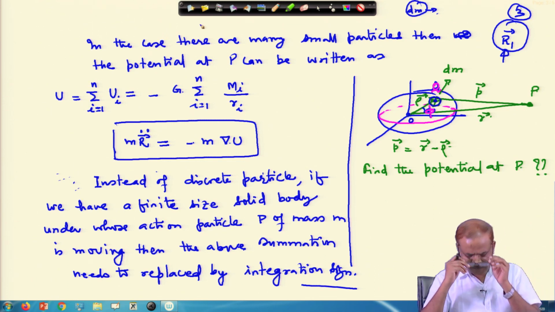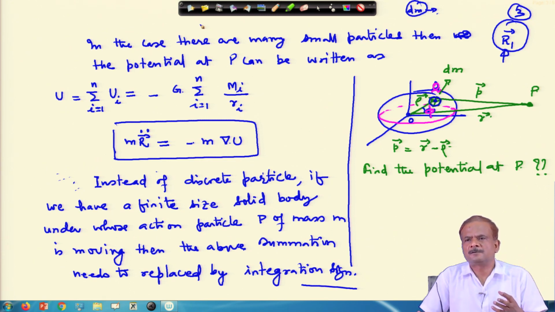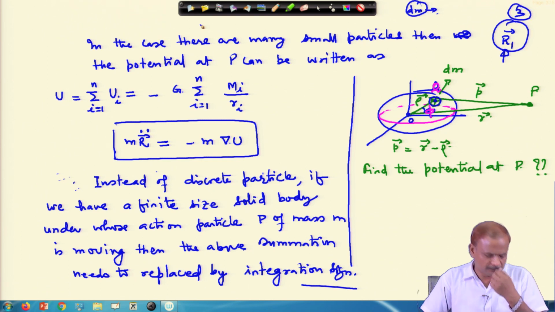But of course, if you have a body where the density differs from one place to another, and you are ready to take the mathematical complexity into account, and you have the observation data available, then it is possible to say where the density is more and where it is less.